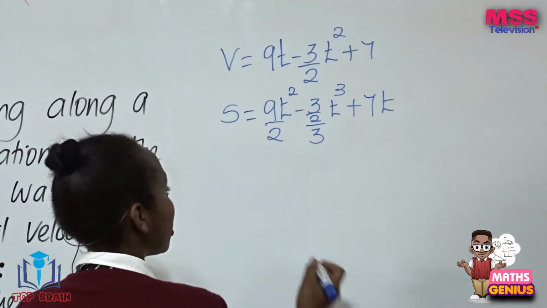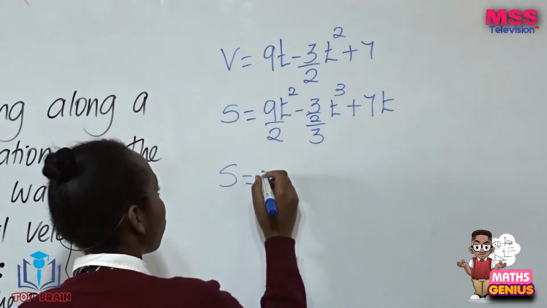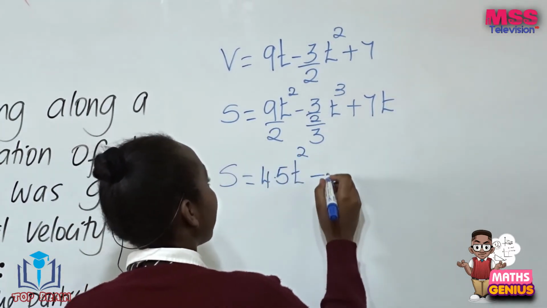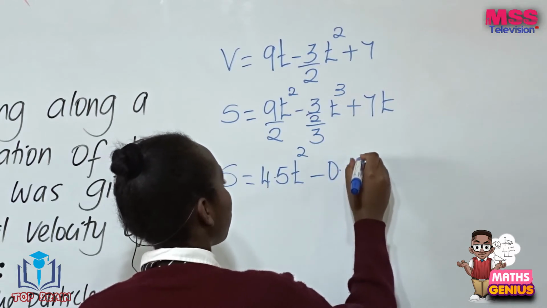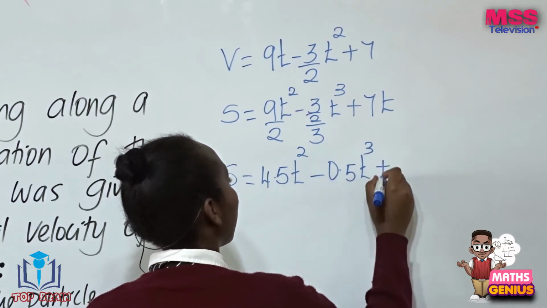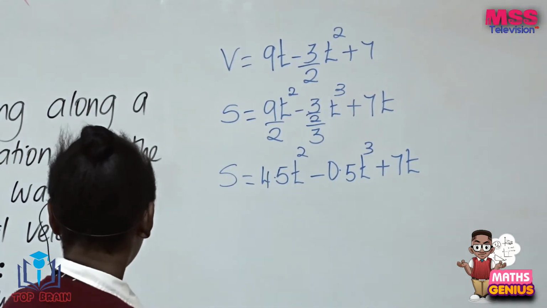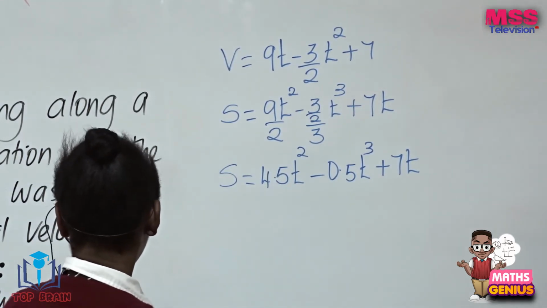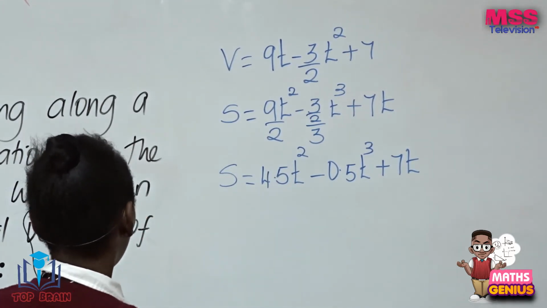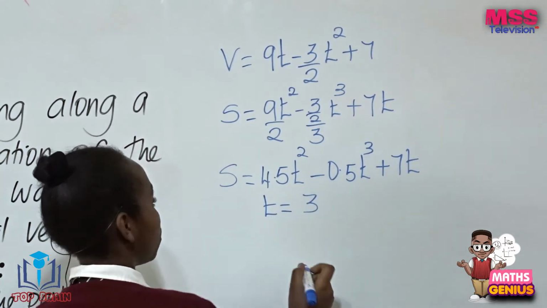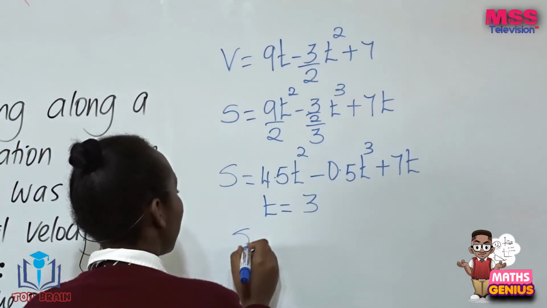And we shall get the distance is equal to 4.5t squared minus 0.5t cubed plus 7t. And we know that at maximum velocity, we already got t as 3. So we substitute in the equation.